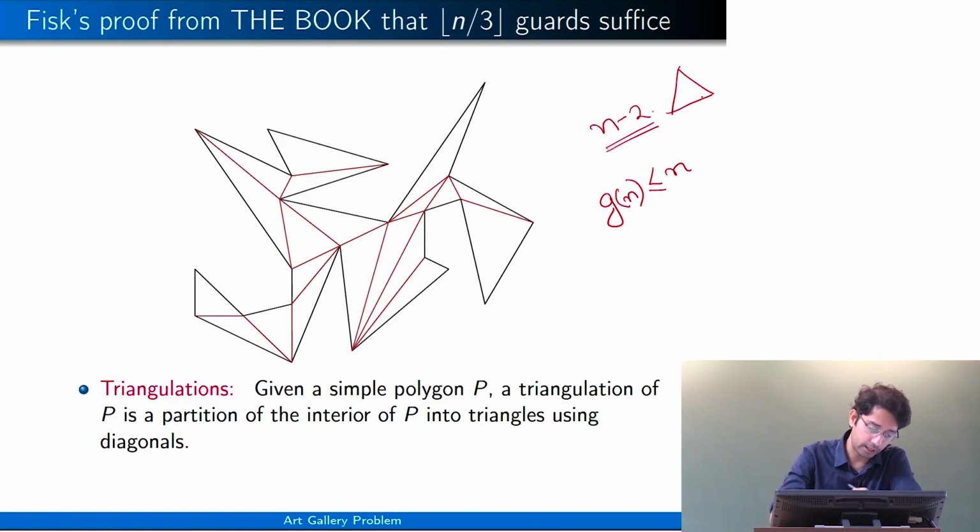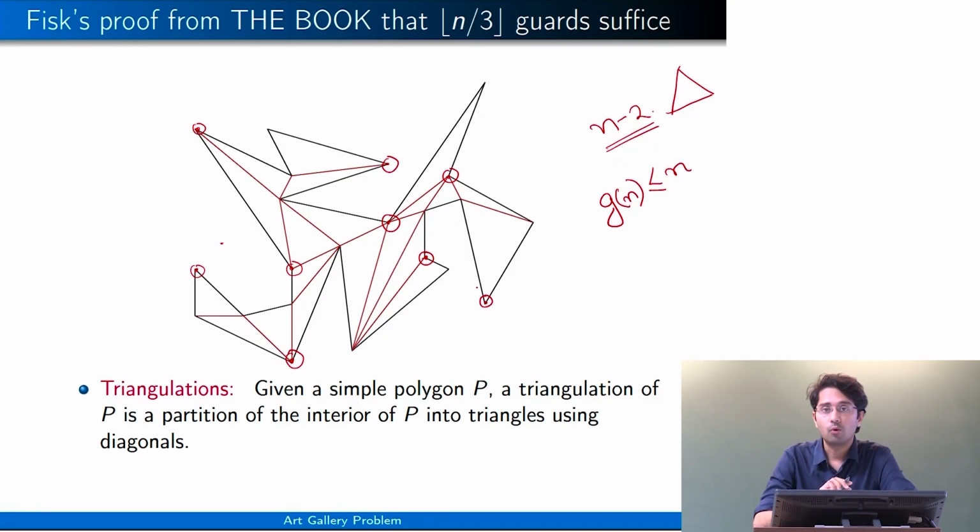Are you with me? Suppose I say choose this one, this one, this one, something like this. One guard from every triangle: I choose one vertex from every triangle and I place guards over there.